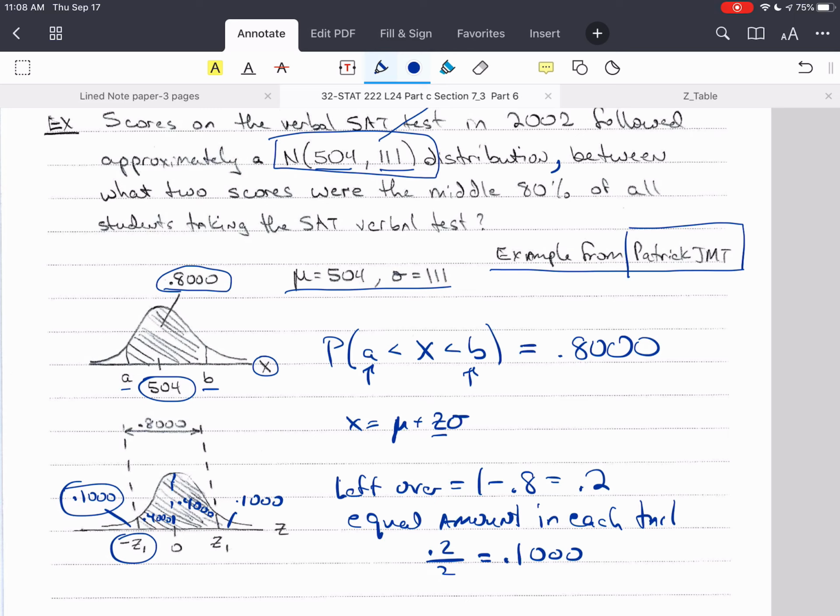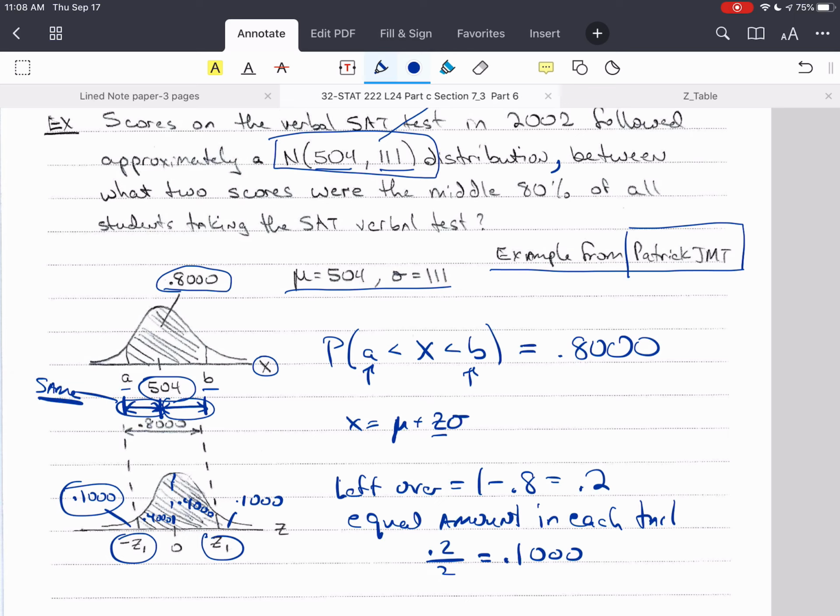Now why did I use negative z1 and positive z1? Again, I said that I want something in the center, and we have a symmetric distribution. So the distance here from mu to A and the distance from mu to B, these have to be the same amount, the same distance.